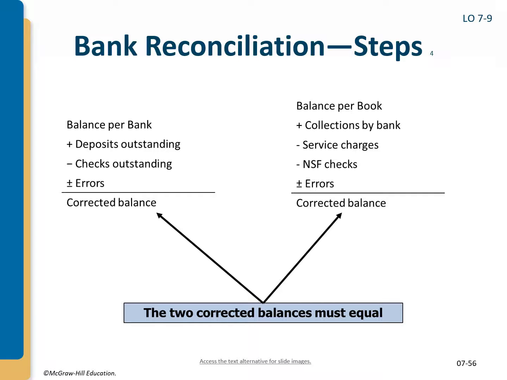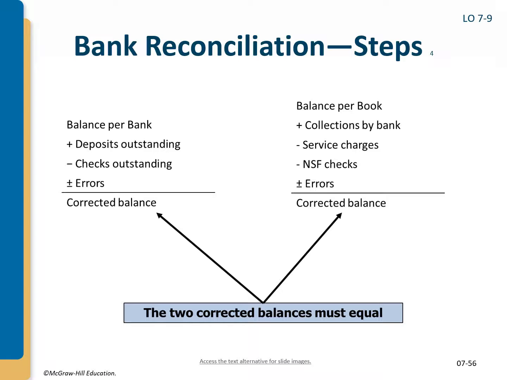So you add deposits outstanding or in transit to the ending balance of the bank statement. Subtract checks that are outstanding, add or subtract bank errors. So they're errors that are on your bank statement. On our checkbook side, our books, we start with the ending checkbook balance, or it would be our balance in our cash account, our T account.